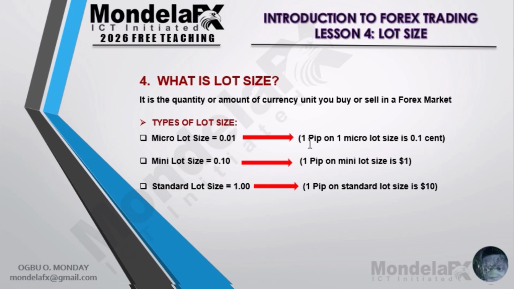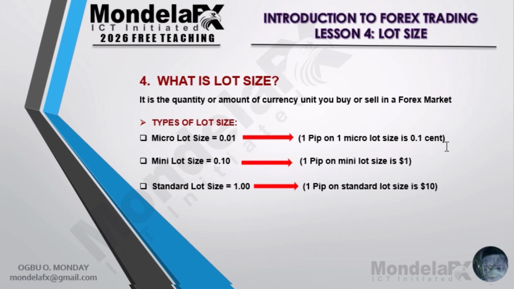Let me break it down. 1 pip on 1 micro lot size is equal to 0.1 cents. So on this 1 micro lot size, if you go into the market and you buy Euro USD, if you buy it now, you're expecting to see an up move.